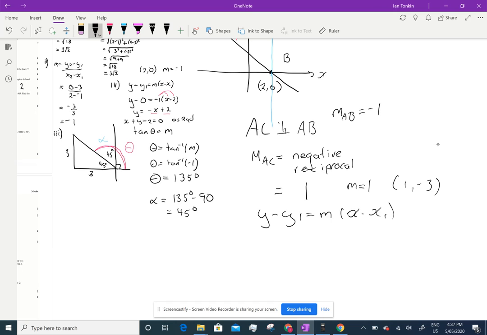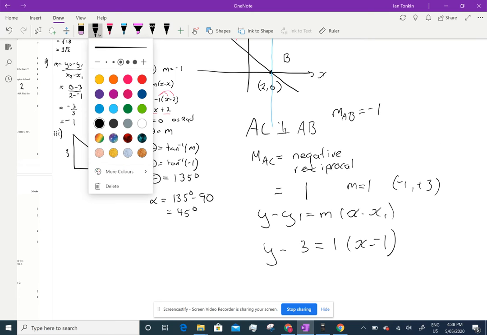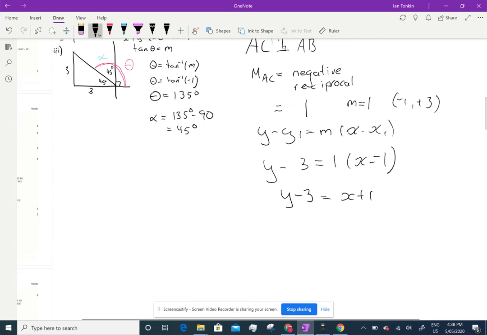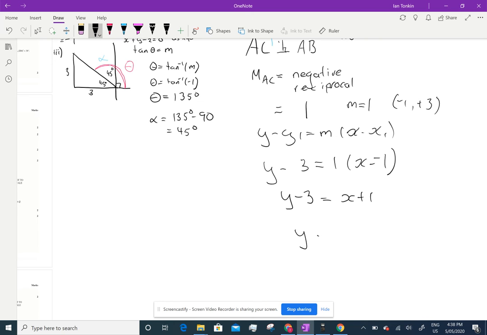So Y minus 3 equals 1, X plus 1. So I get Y minus 3 equals X plus 1. Y equals X plus 4.